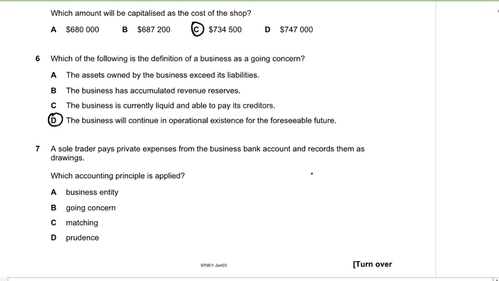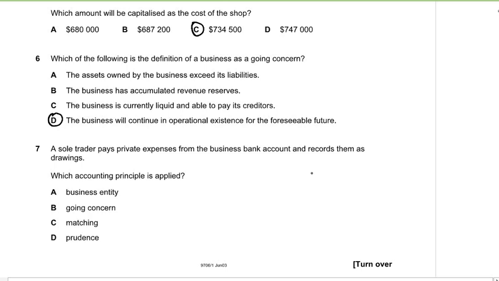The legal position is that a sole trader business, in the eyes of the law, is not regarded as a separate legal entity. But for accounting purposes, we assume there is separation so that transactions of the owner are not incorporated in the business. The business is a separate entity and the owner is a separate entity on his own.